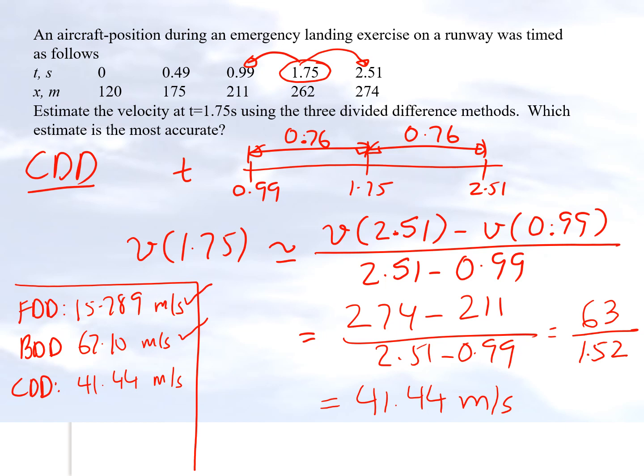This is again of the order of the step size. However, this particular value is of the order of the square of the step size. So what we know is that the central divided difference scheme answer is the most accurate out of the three which we obtained by using our divided difference schemes. And that is the end of this segment.